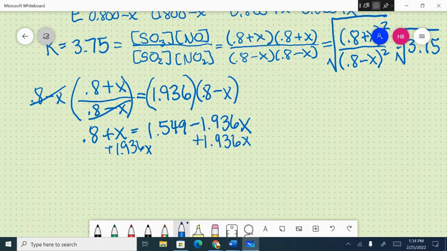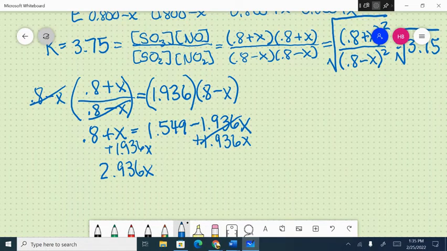So I'm going to add 1.936x to each side. And a lot of times people forget I already have 1x here. So this becomes 2.936x. A lot of people forget that and they just put down that 1.936x.